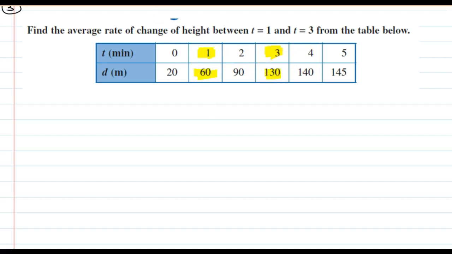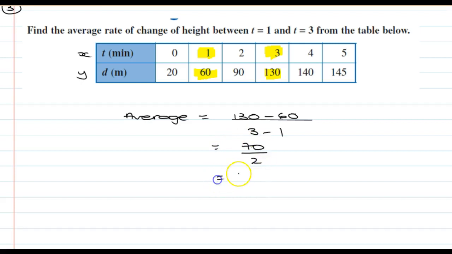Okay, so the average rate of change equals, so the y coordinate will be here, which is d, so this is your x and this is your y, so it's going to be 130 take away 60 divided by 3 take away 1. Okay, which is 70 divided by 2, which is 35, and the units are meters per minute.